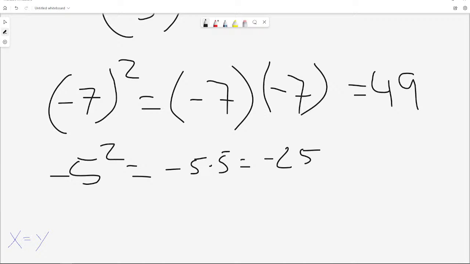So it's important to notice how these two are different. When you have the parentheses around the -7, the base is -7. No parentheses, the base is just the 5. So the result will remain negative.